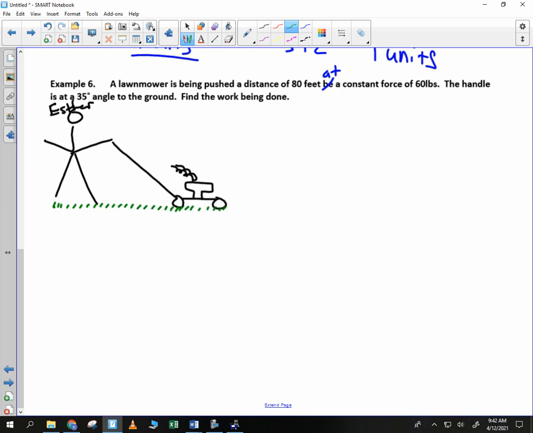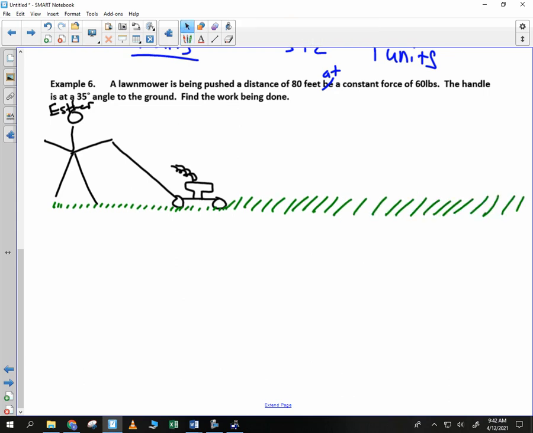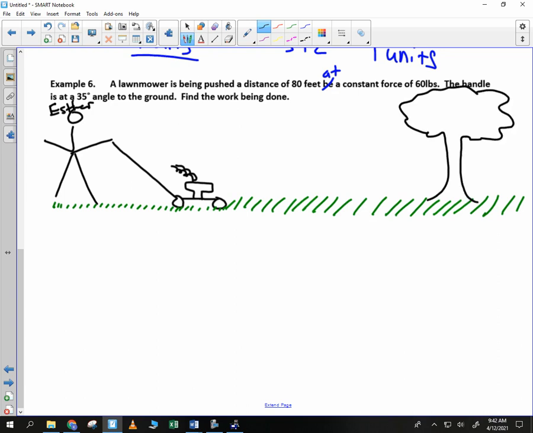And this is the grass that she's mowed over, and this is the grass that she needs to mow yet. Put a tree there, some leaves, and yeah, there we go. Mrs. Huebner would be very proud of me.